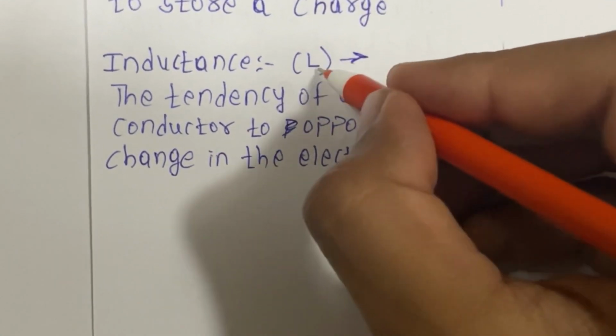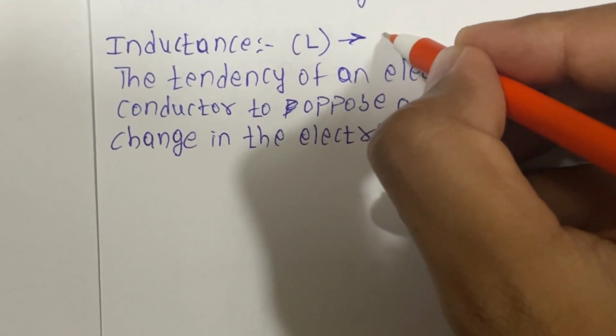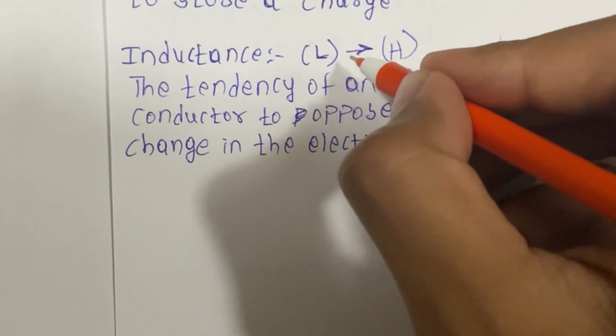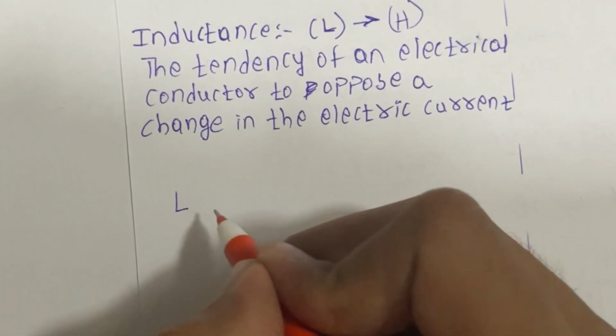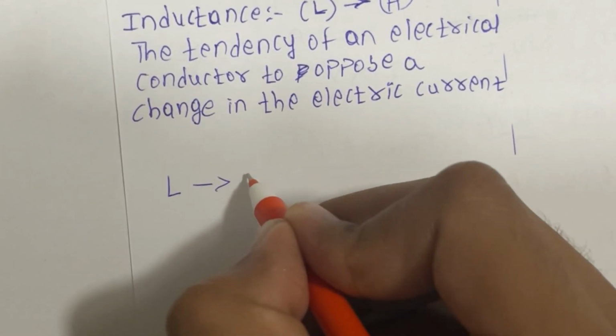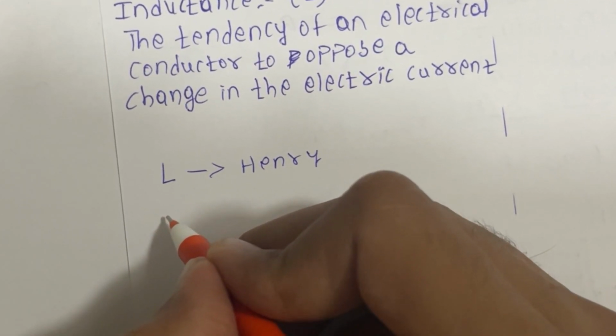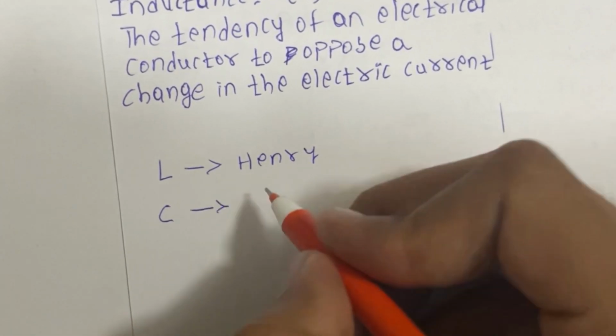The unit of inductance is H, that is Henry, and it is denoted by L.